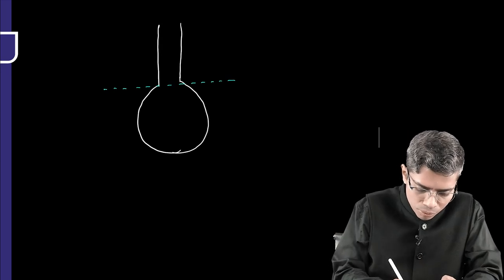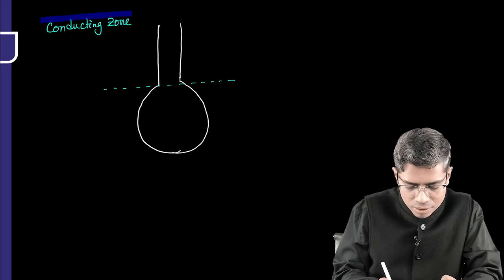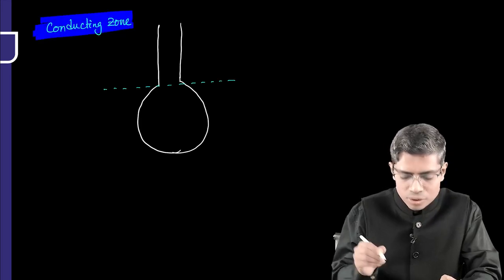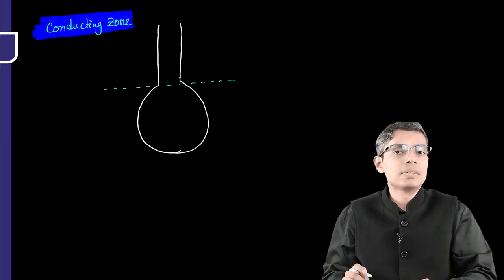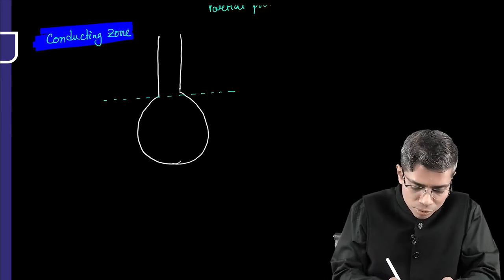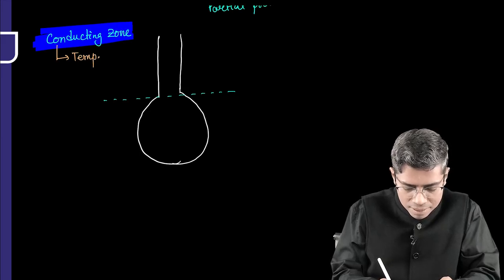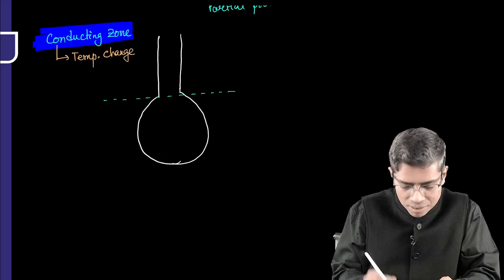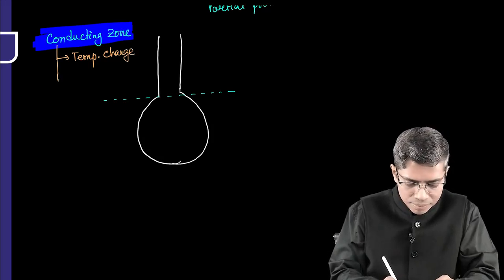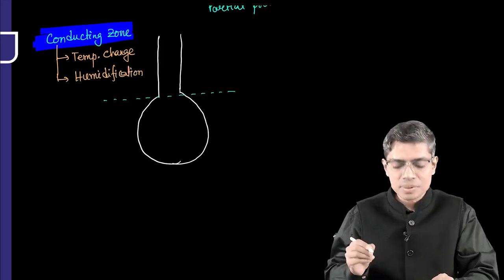You know that the conducting zone is dead air, exchange is not going to happen. Then what role is the conducting zone playing in our lung? A very important role, two roles. Number one, it changes the temperature of the inhaled air. And second, it causes humidification of the atmospheric air.